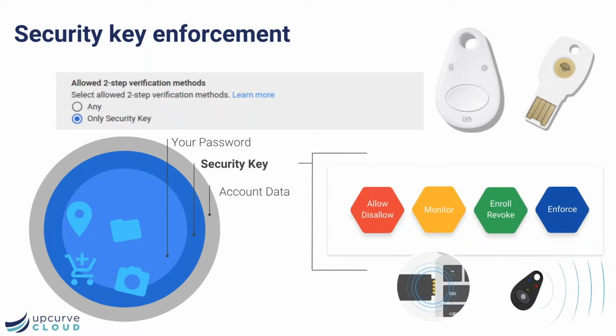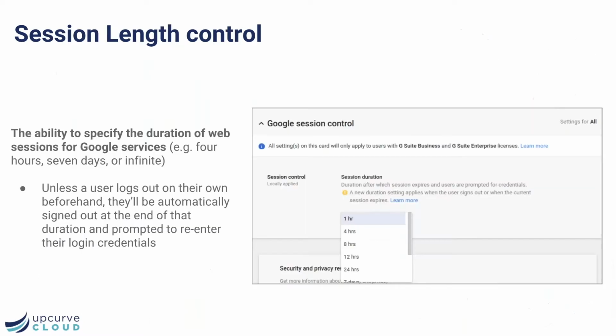There's Bluetooth enablement as well, so that only the person that has access to this key can log into their account. No one else can log into the account unless you have this key or you have the Bluetooth in range. So this allows you to monitor and revoke access or open up access to those users.